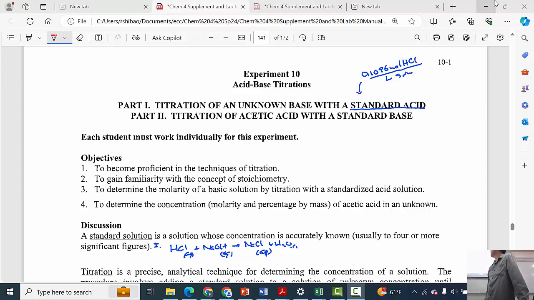For example, they have a peanut butter standard, and that peanut butter is just a jar of peanut butter, but it costs like $30,000 because everything in there has been accurately and precisely determined, all the components. That's why it's so expensive. It's so expensive because they've analyzed it and standardized it.